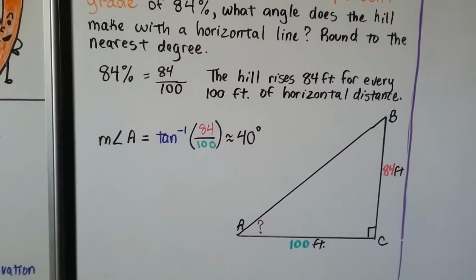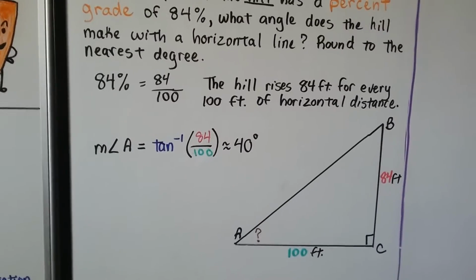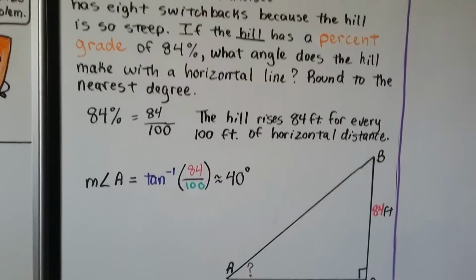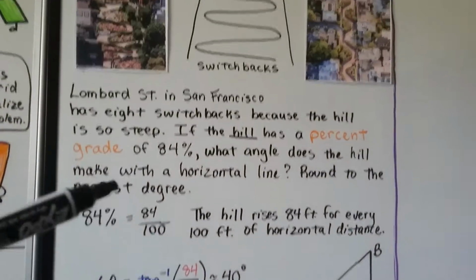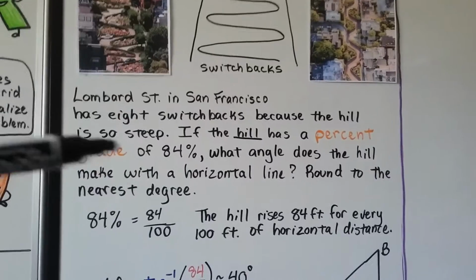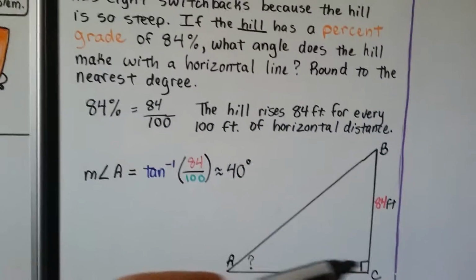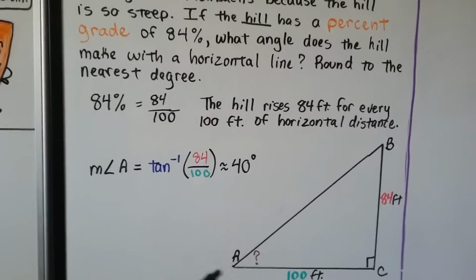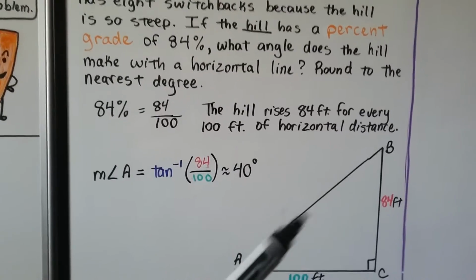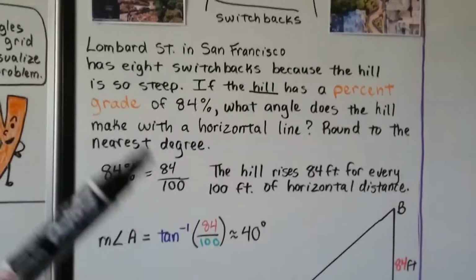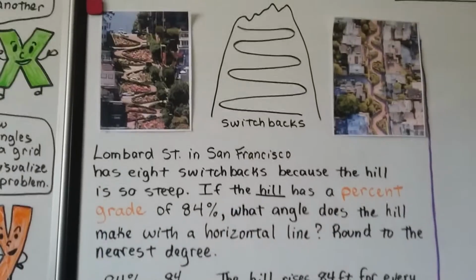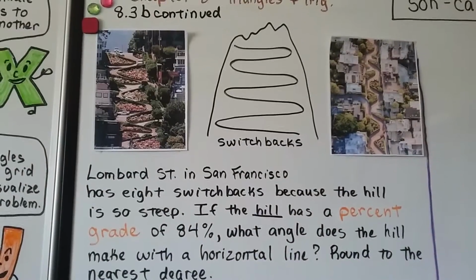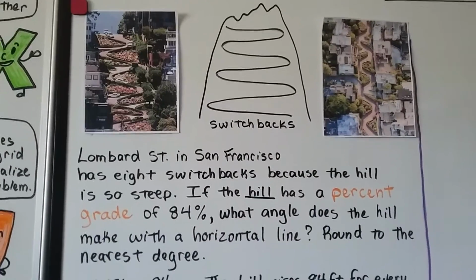On our calculator, we find that it's approximately 40 degrees. So the hill makes a horizontal line down here, and the angle of its slope would be 40 degrees. And this isn't even the steepest road in the world. I think that's in New Zealand.